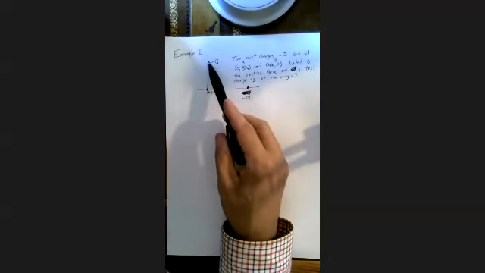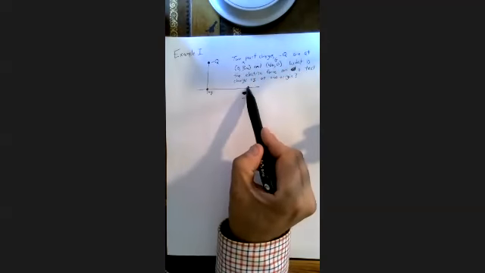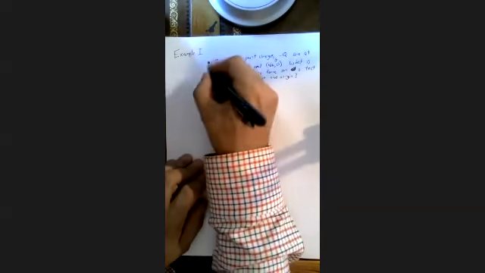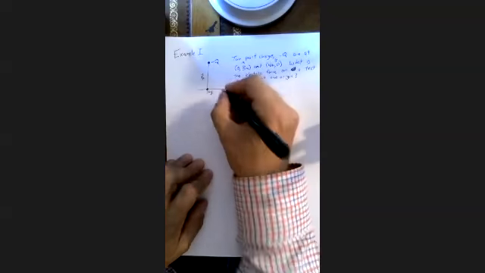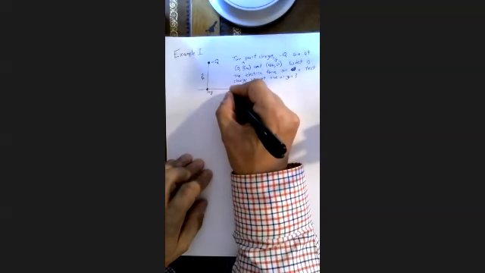Okay, so we've got two negative charges here and here. Let me label this vector as RA, and this vector is RB.